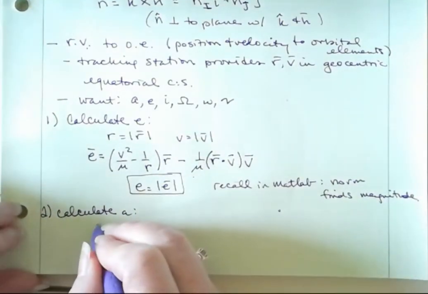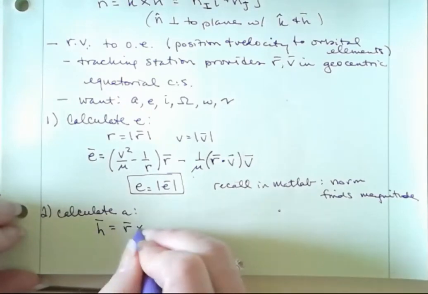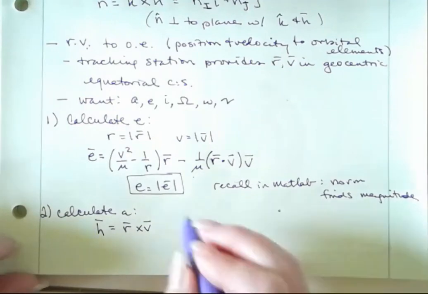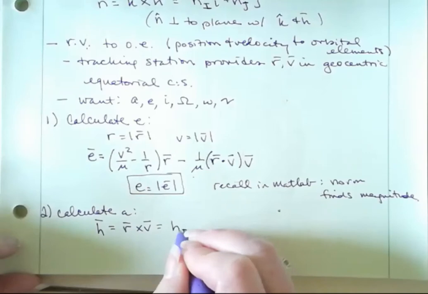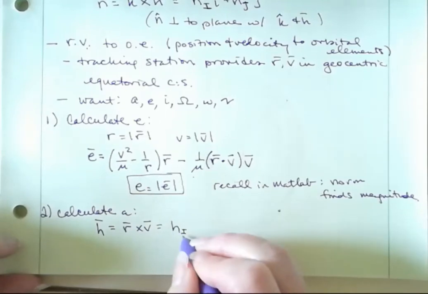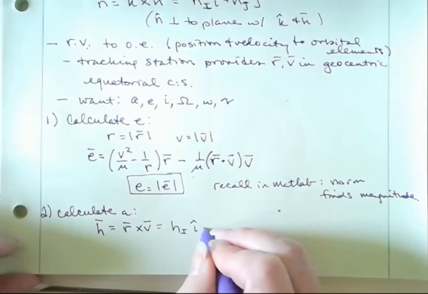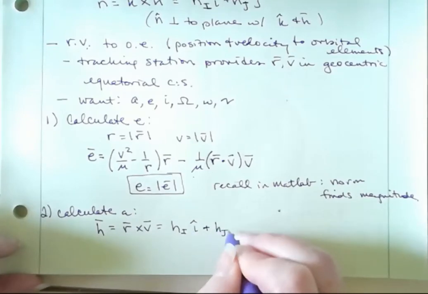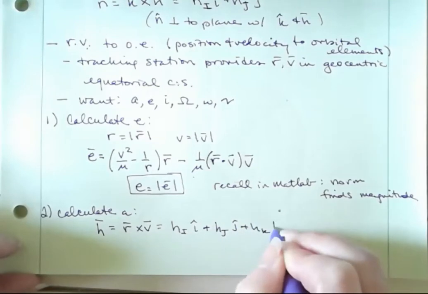For a, we're going to start with angular momentum. So that's h, and our h was r cross v. Once you do this cross product, you're going to get 3 components. The i component, let's call it h_i. So I'll have h_i times the unit vector i, plus h_j times unit vector j, plus h_k times unit vector k.